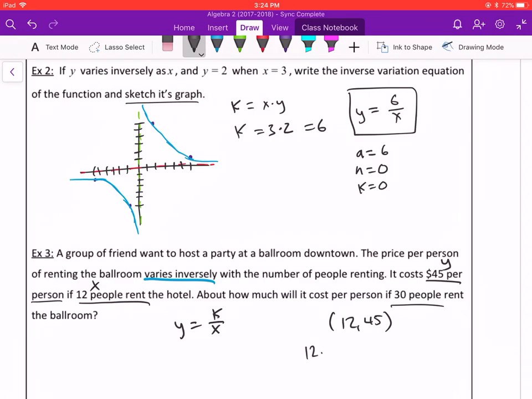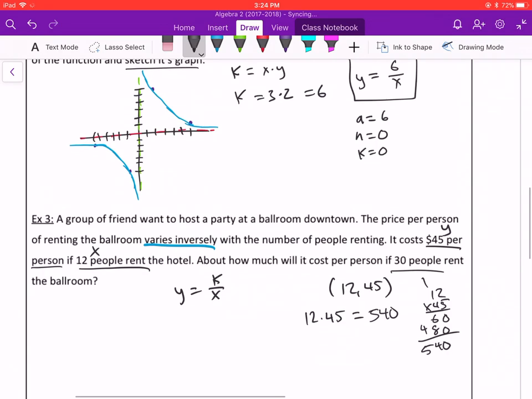So what would 12 times 45 be? 5 times 2 is 10, 5 times 1 is 5, 6, carry the 0, 8, 4, that would be $540.